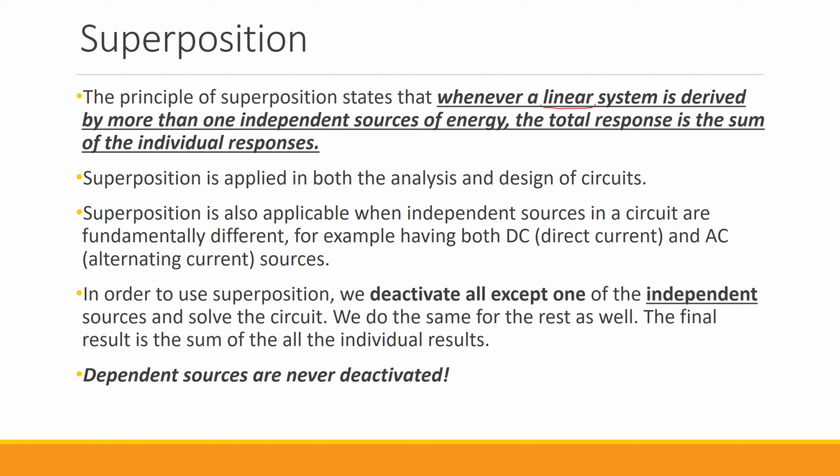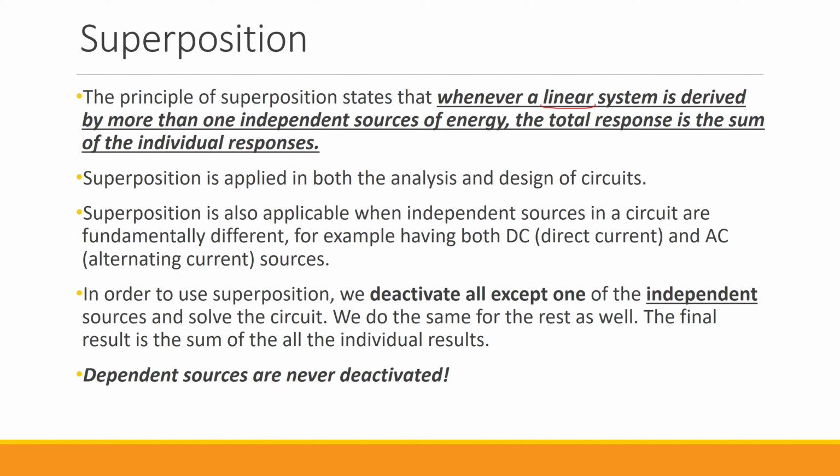Another important application for superposition is when you have independent sources in your circuit that are fundamentally different. For example, if you have both DC, or direct current, and also AC, alternating current sources.